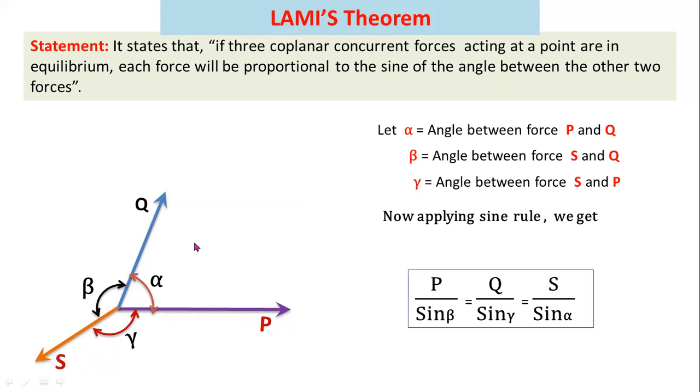So force Q divided by sine gamma. In a similar way, S is the force. So Q and P are the two remaining forces, and alpha is the angle between these two forces. So force S divided by sine alpha. From this statement, each force is directly proportional to the sine of the angle between the other two forces. So this Lamy's equation is very important for solving unknown forces.